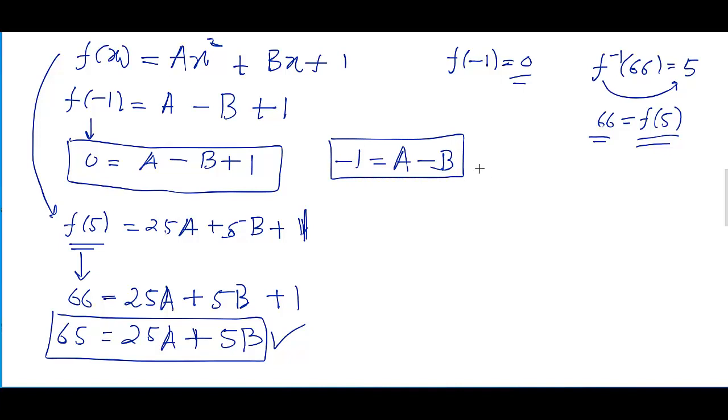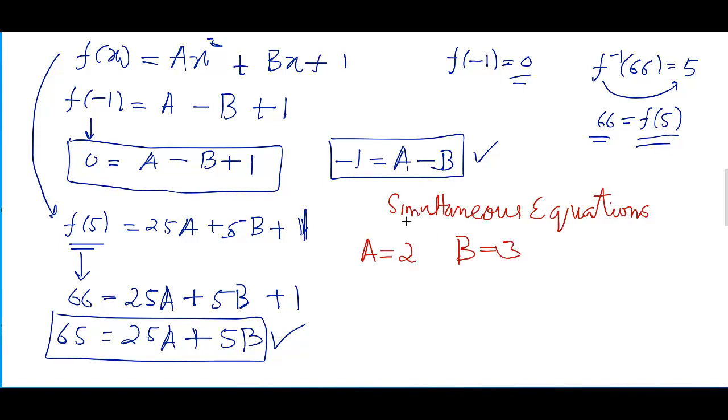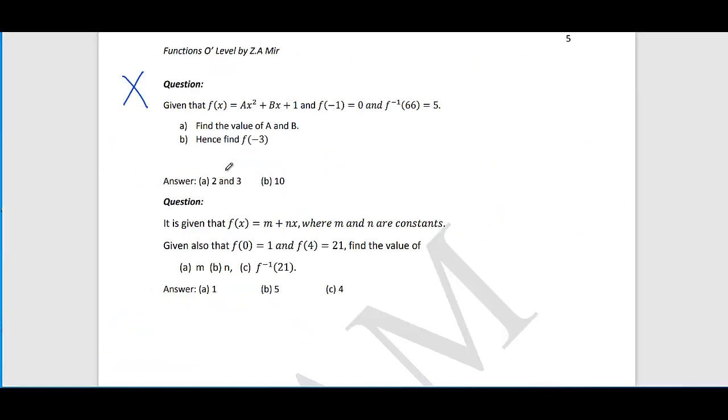So I have two equations and two unknowns. Now just by using the simultaneous equation method, we can find a and b. By using simultaneous equations, I will get a is 2 and b is 3.